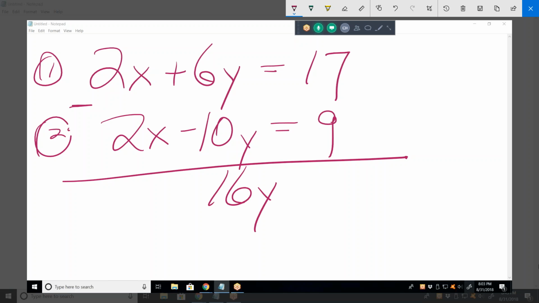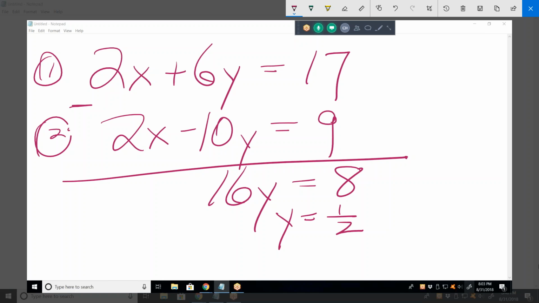Good. Simplify. Well, what's 8 over 16 equal to? 1/2, not 0.5.